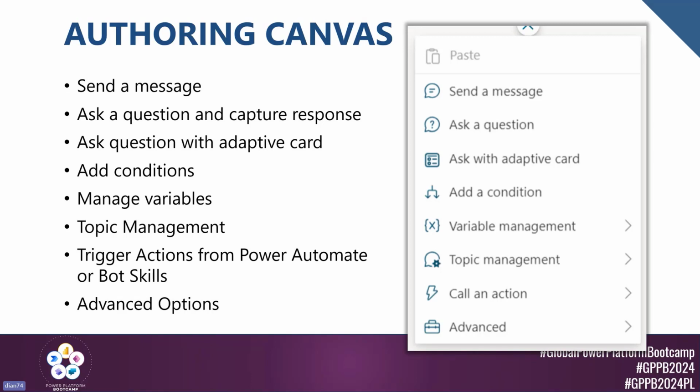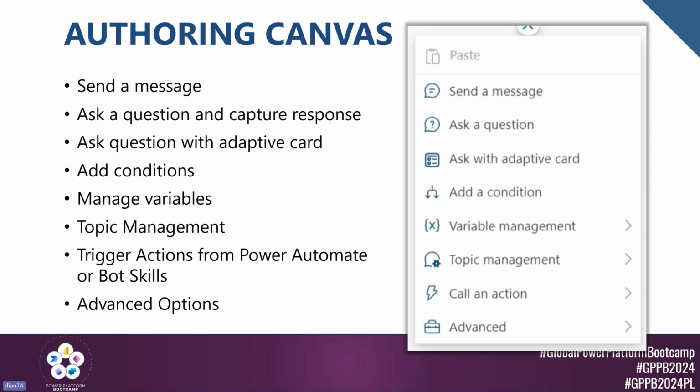From managing variables, we can create new variables, set the value of variables, hard code variables, a lot of different things we can do here. Now, the topic management section is where, in your topic, you can say, hey, now route them to another topic, or stop the conversation. End this topic. You can do things like that as well.